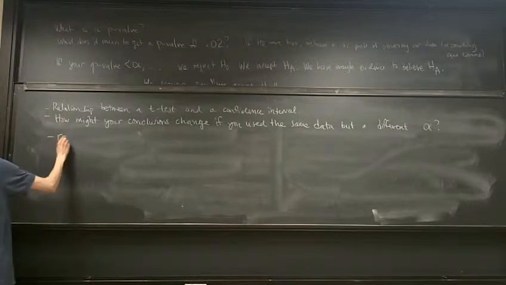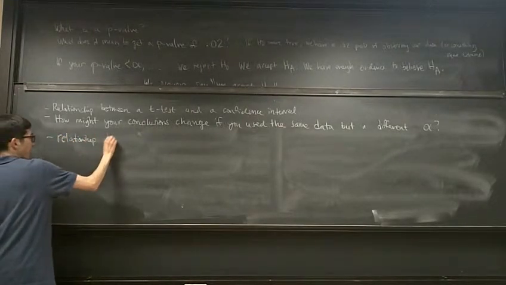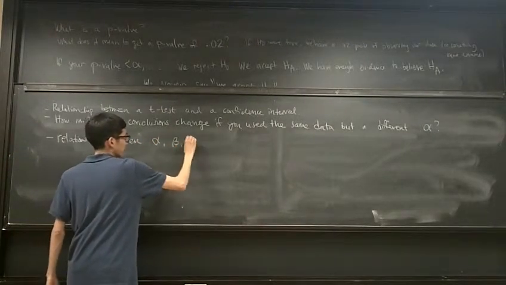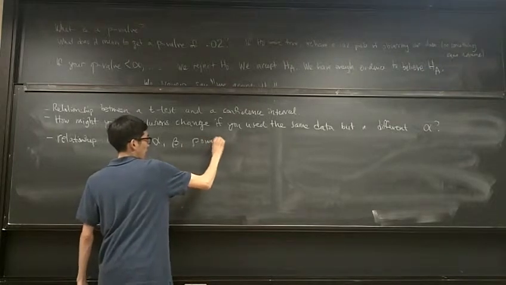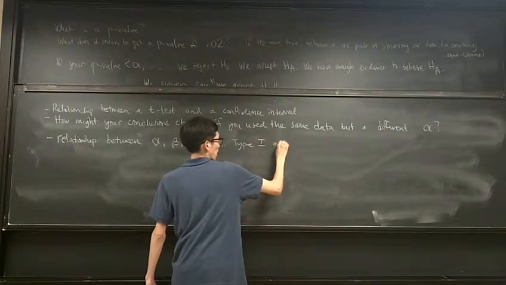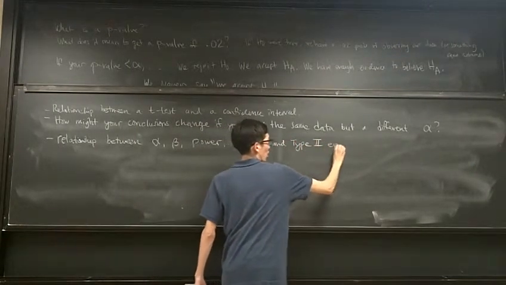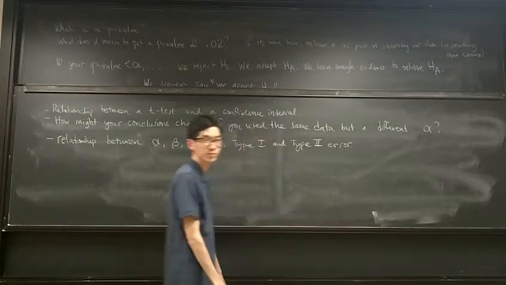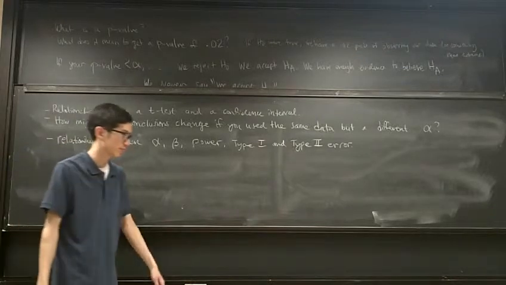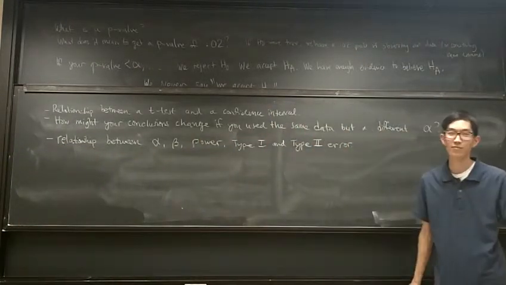The relationship between alpha, beta, power, type 1 and type 2 error. So in general, increasing alpha, how does that affect beta?